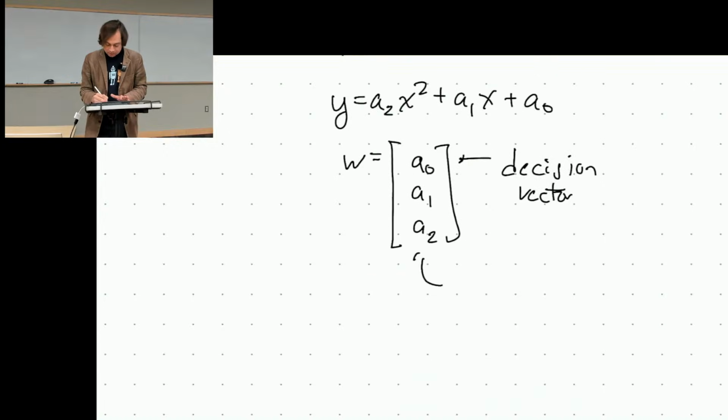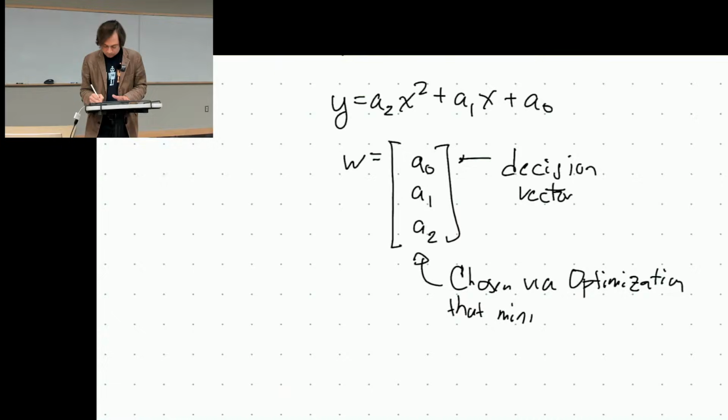And these are chosen via optimization that minimize cost. Those are the decisions in the decision vector. Those are the parameters.